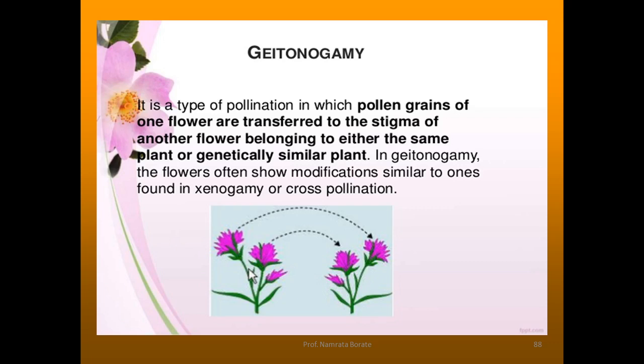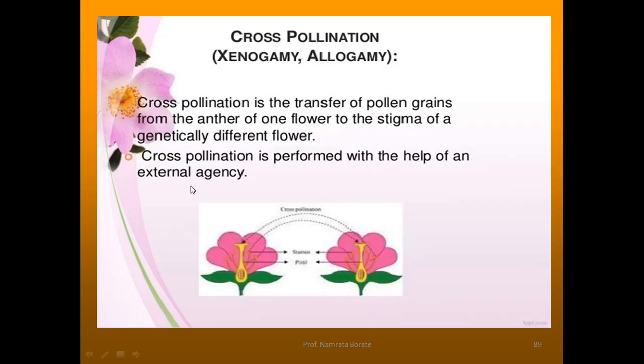The third type we see is xenogamy. It is cross-pollination or allogamy. It is also called outbreeding. It is a type of cross-pollination when the pollen grain of one flower is deposited on the stigma of a flower of a different plant. Means here two plants are involved, but these two plants belong to the same species.